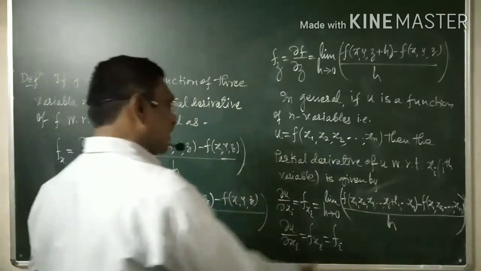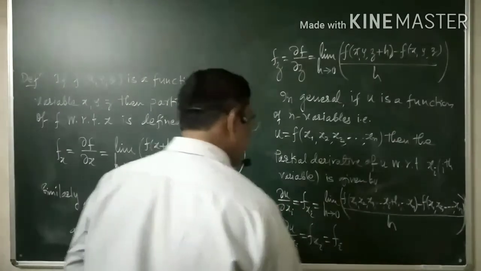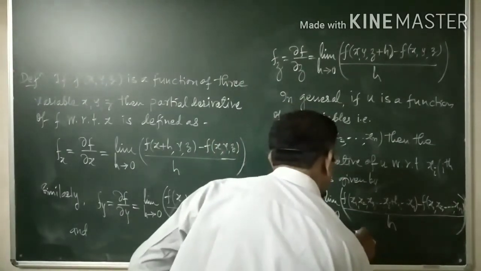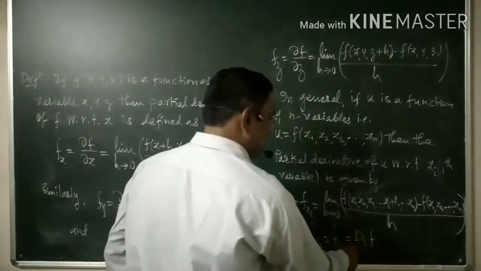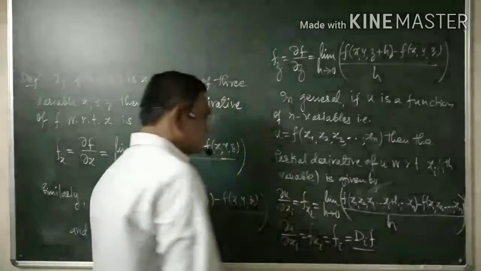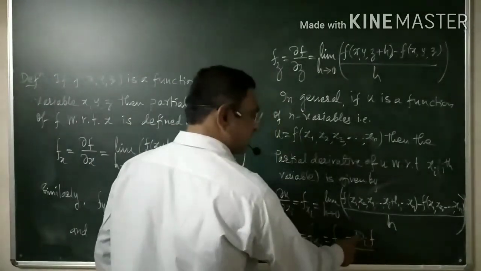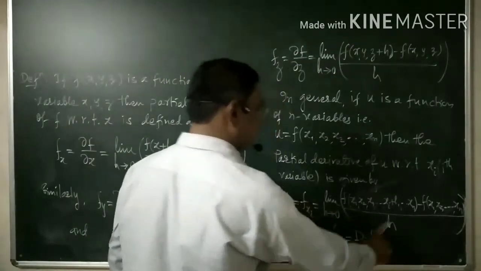Fi means the partial derivative of f with respect to the ith variable, or this is again denoted by Di f. This is also a notation which is used to denote the partial derivative of f with respect to the ith variable.